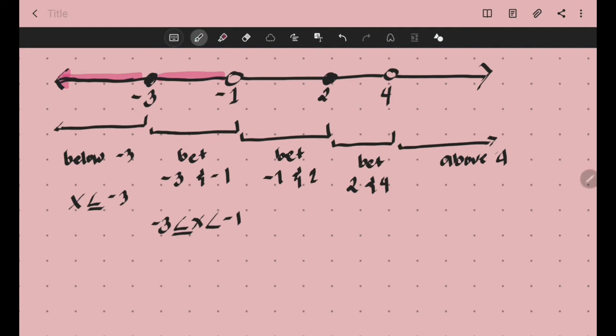Next, between negative 1 and 2. So, the possible values of x ay nandito. So, we have the possible values of x is greater than negative 1. So, ibig sabihin, dahil mas malaki yung value ng x sa negative 1.